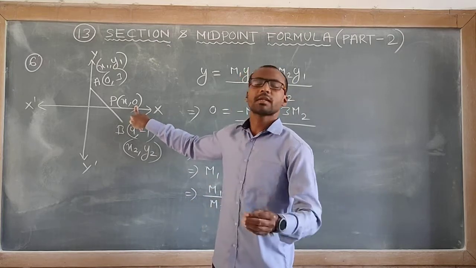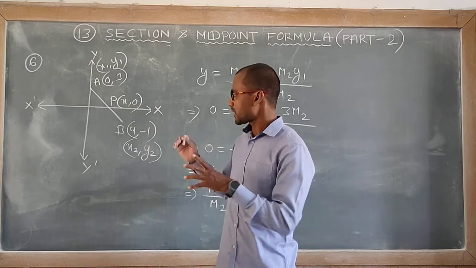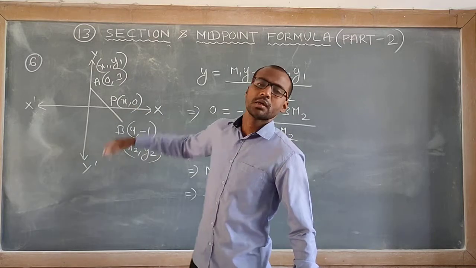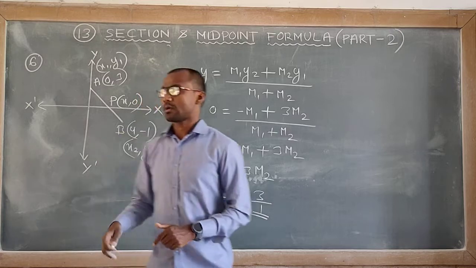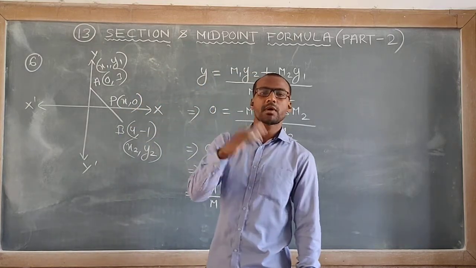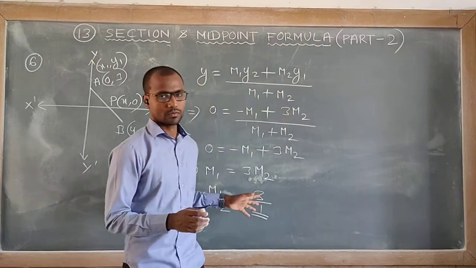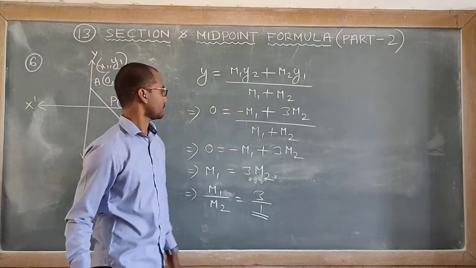But the x coordinate has not been given. So in this question, first using the y coordinate, I found the ratio. Then using the ratio, I will find the x coordinate. Similarly, if the x coordinate is given and the y coordinate is not, then first using the x coordinate we will find the ratio, then using the ratio we will find the y coordinate.